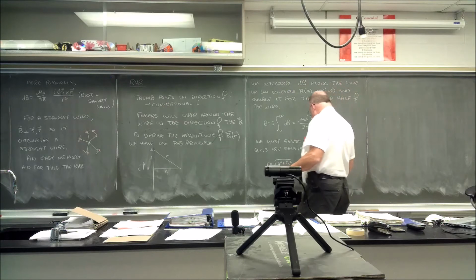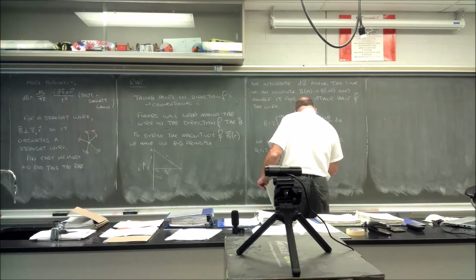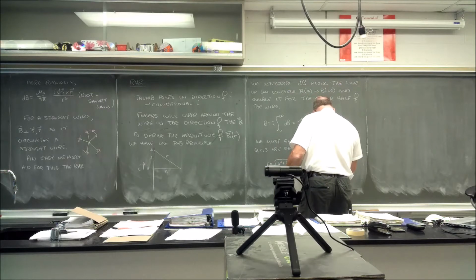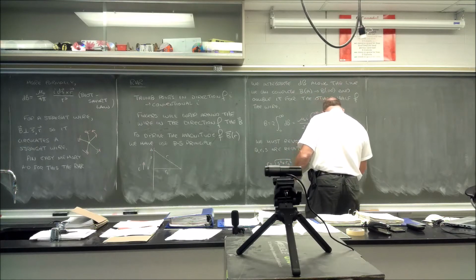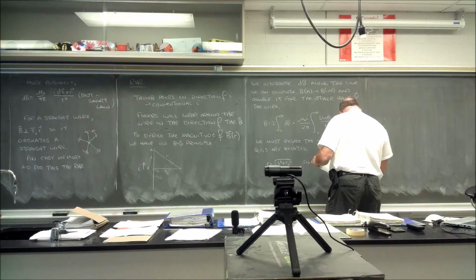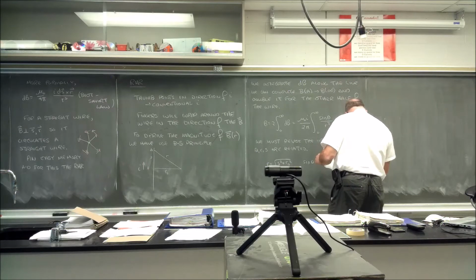And sine theta is equal to sine of pi minus theta, which is equal to R naught over the square root of S squared plus R naught squared.